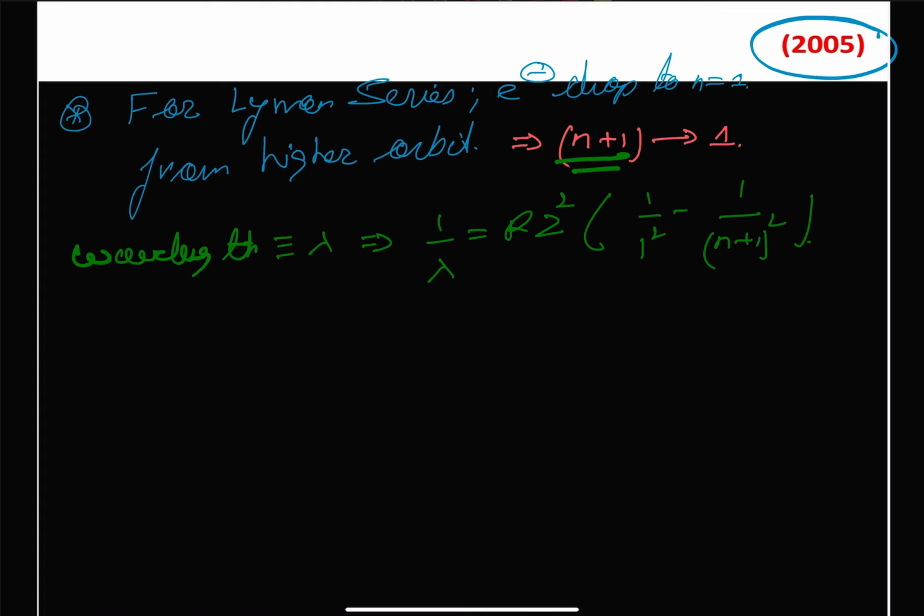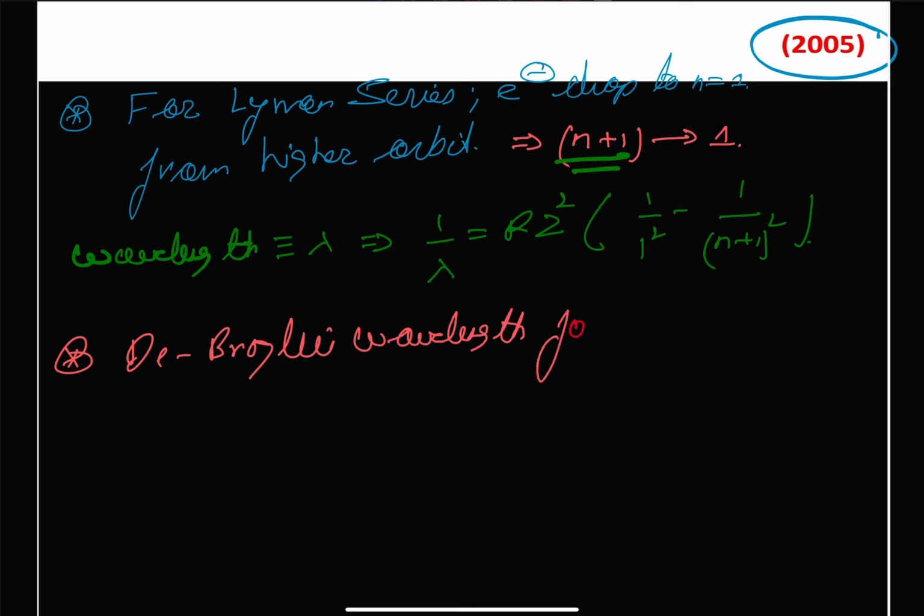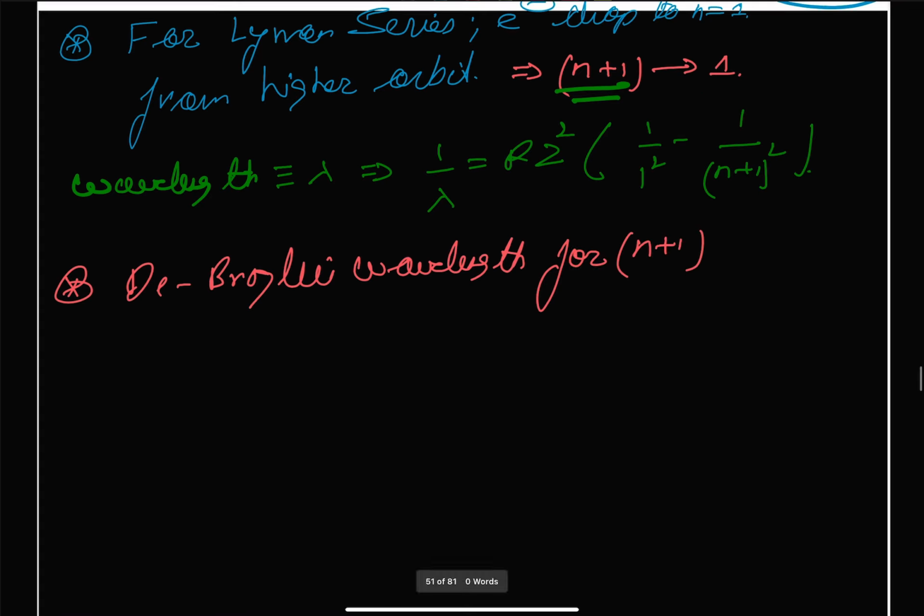So we can say that our de-Broglie wavelength for n plus 1, let us call this lambda, is equal to h upon mass into velocity, and we can use the Bohr quantization.